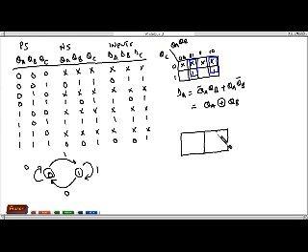This is our K-map. Again, this is QA, QB. This is QC. The values are 0, 1, 0, 0, 0, 1, 1, 1, 1, 0. The location of the don't care terms will not change, so we'll have the don't cares at those locations. We fit in the values of the 1, so we have a 1 at 0, 0, 1, and a 1 at 1, 0, 1, this one.